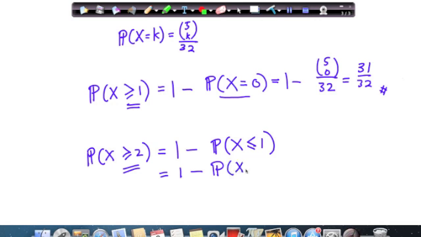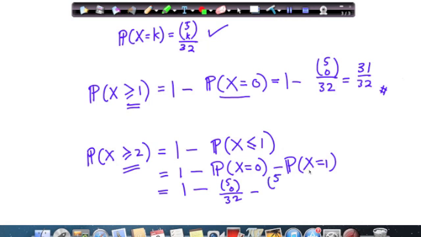So we can compute this probability by computing the probability of x equals 0 and when it is exactly 1. Again, by using the formula we obtained previously, we can compute this as follows. When x equals 1, we have 5 choose 1 over 32. So after simplification, this will give us 26 over 32, which simplifies to 13 over 16.